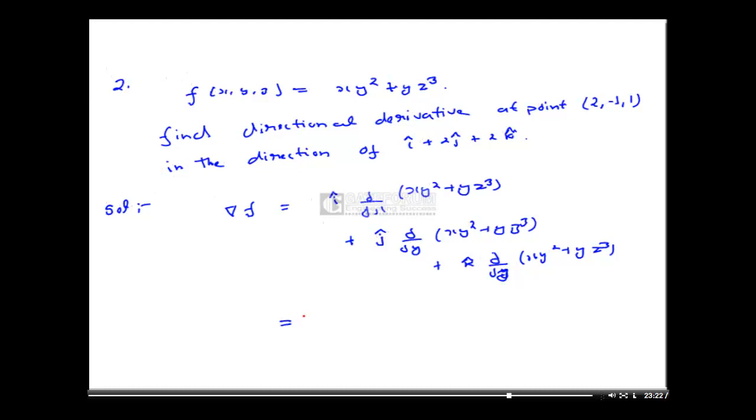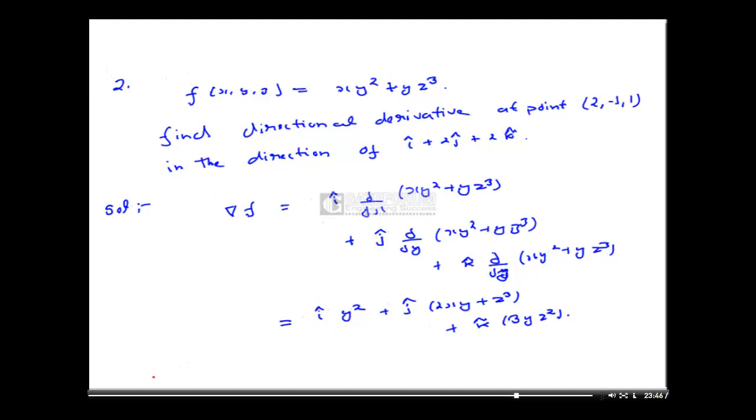I will get i y^2 + j (2xy + z^3) + k (3yz^2).